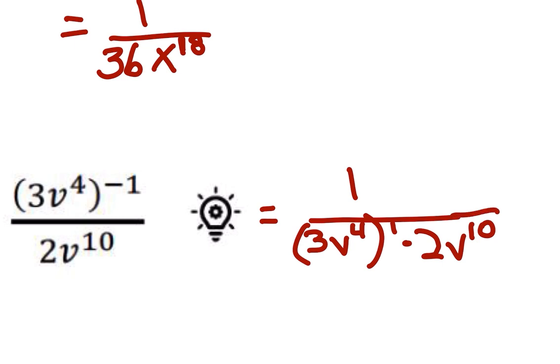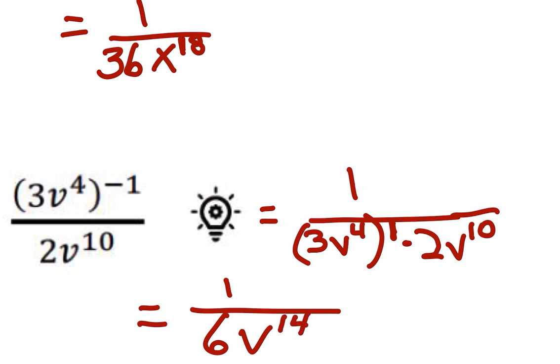So that 3v to the 4th can be raised to a +1 again because we moved it over the fraction line. So now we have only a 1 in the numerator, and in the denominator, all of this raised to a 1 isn't affected by raising it to the first power. So we have 6v to the 14th in the denominator, and we are done, ready to roll.